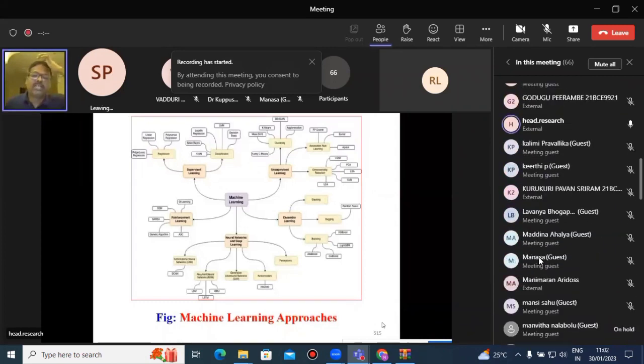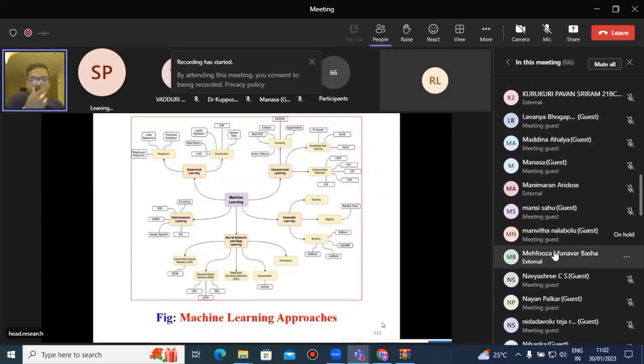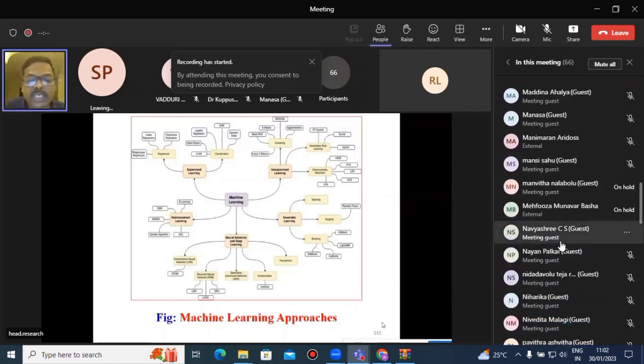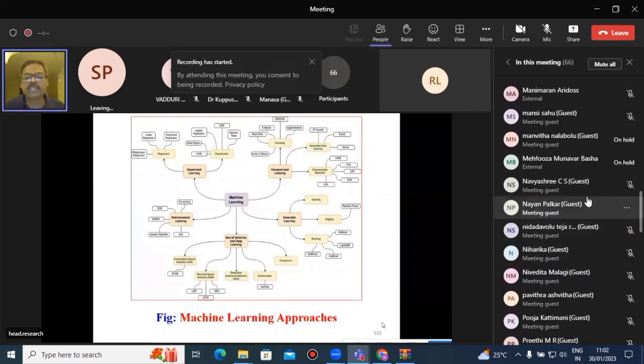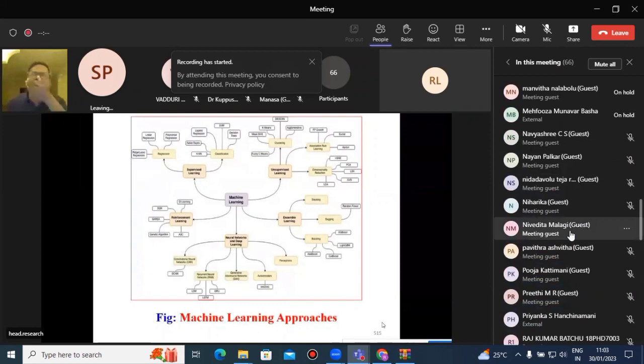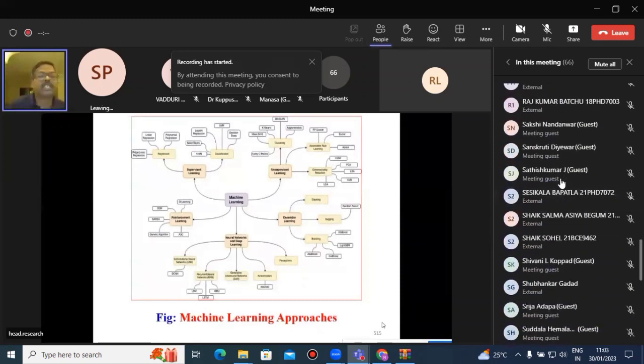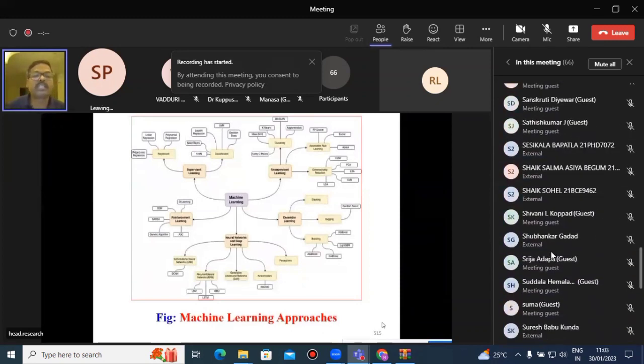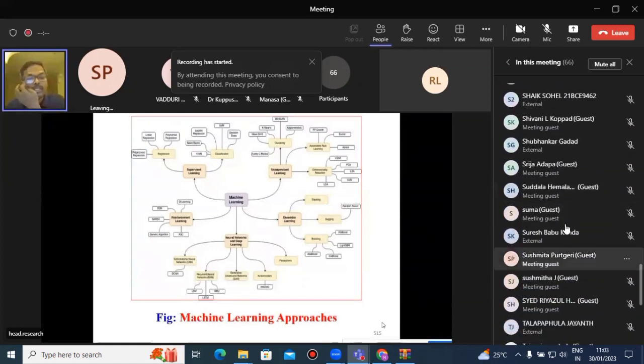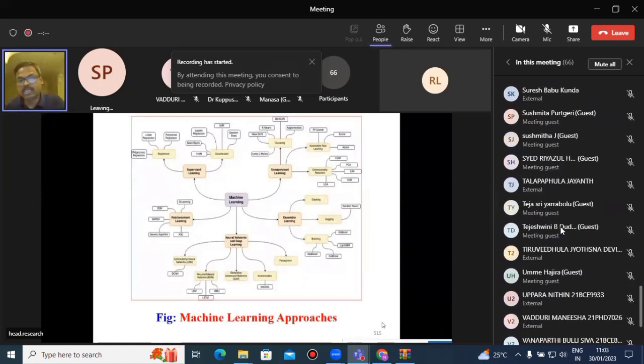Neural networks and deep learning: we have convolutional neural network, recurrent neural network, generative adversarial network, autoencoders, perceptron, etc. Then reinforcement learning: we have algorithms like Q-learning, DQN, SARSA, genetic algorithm, A3C. So these are the machine learning approaches.